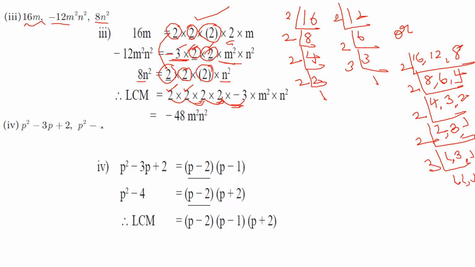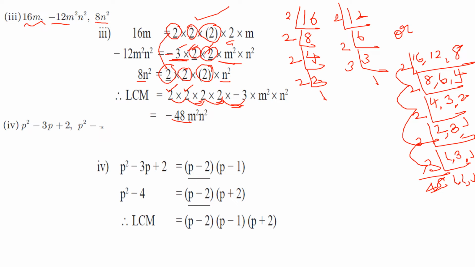Now you multiply 2 2s are 4, 4 2s are 8, 8 2s are 16, 16 3s are 48. You can find out directly 48 this method also. Next one, so the answer is minus 48 m squared n squared.